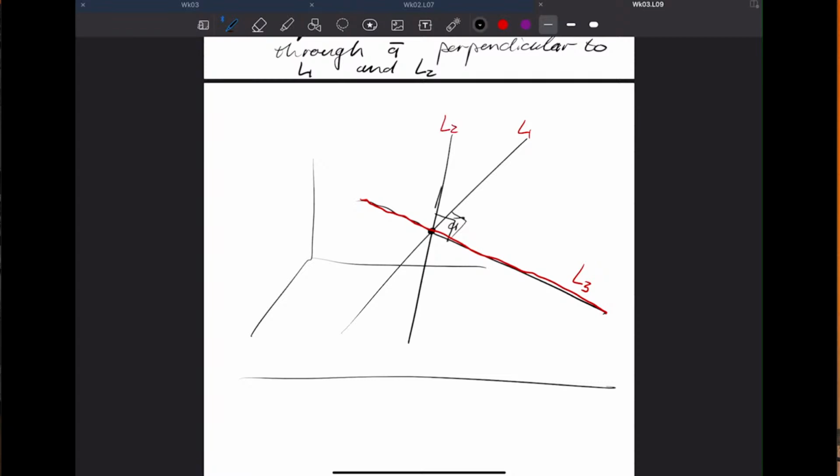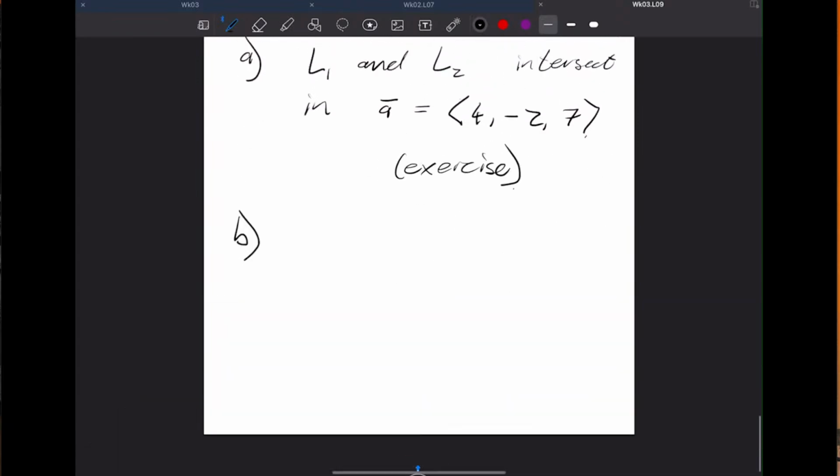So what we will do is take the direction vectors of line 1 and line 2, and compute the cross product of these 2 direction vectors. What we will get is a new direction vector that is perpendicular to the 2 given direction vectors, and that will then be the direction vector for the line L3 that we're looking for. Okay, so let us do that.